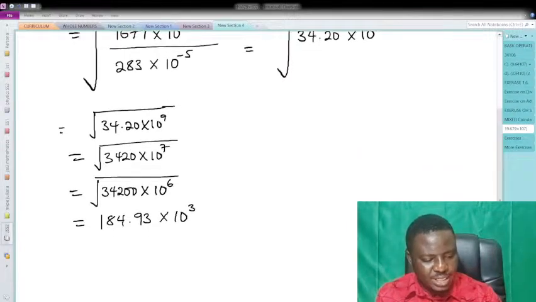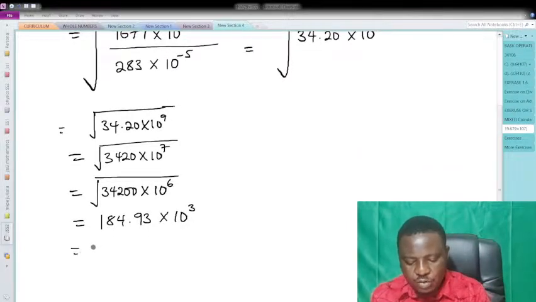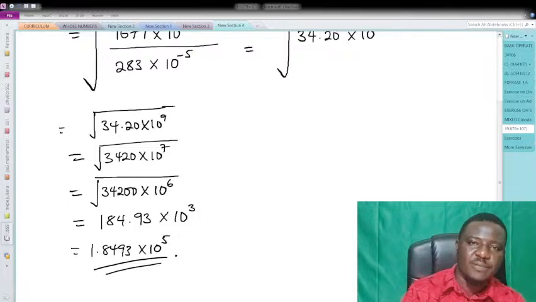So writing this now in standard form, we have it to be 1.8493 times 10 raised to the power of 5 as your answer.